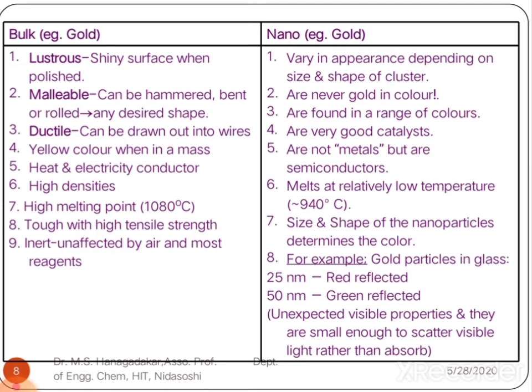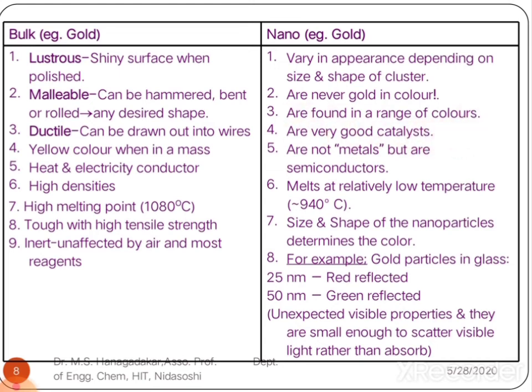But the same gold in the bulk state, when you make it to the nanoscale, there is a drastic change in its properties. They vary in appearance depending upon the size and shape of the clusters, are never gold in color, that is yellow in color, and are found in a range of colors.